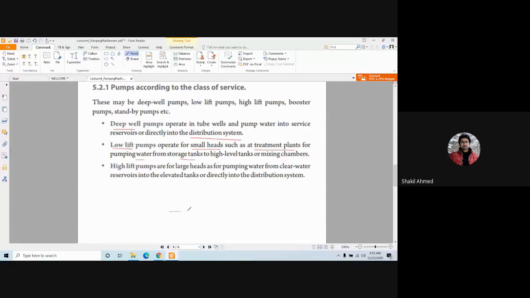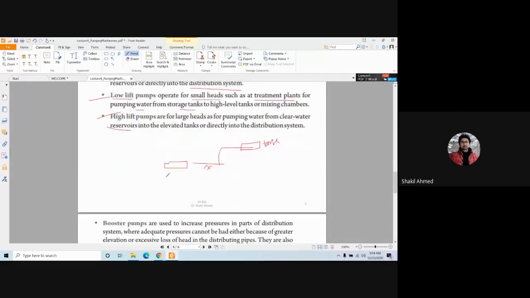For example, from here you want to elevate it to a small elevation, to an elevated tank. Then you can use these low lift pumps. High lift pumps are for large heads, as for pumping water from clear water reservoirs into the elevated tanks or directly into the distribution system.